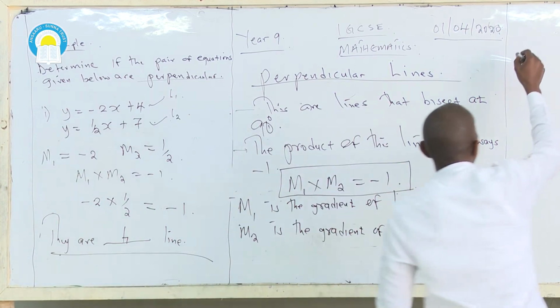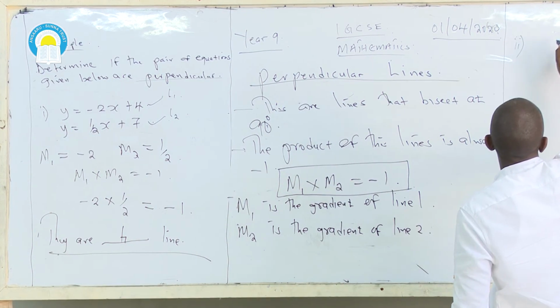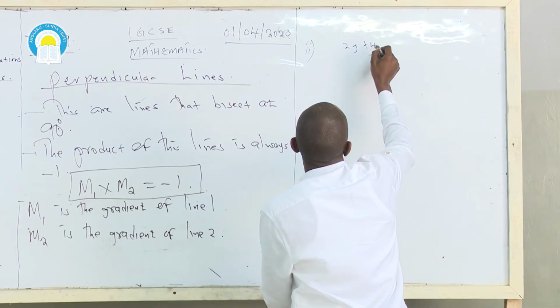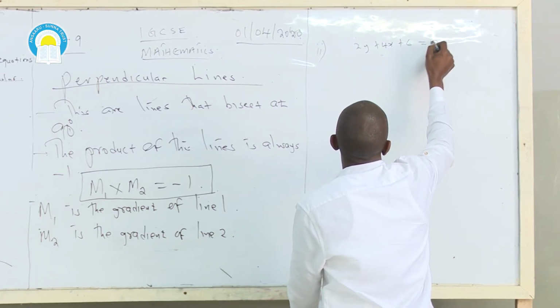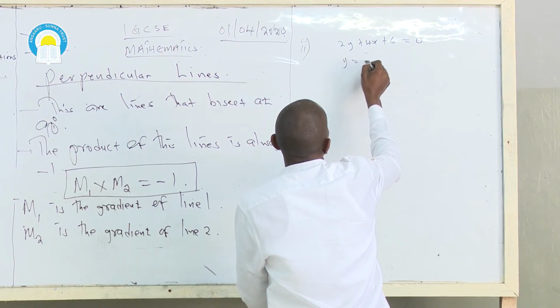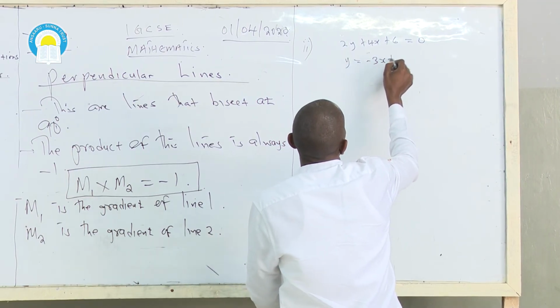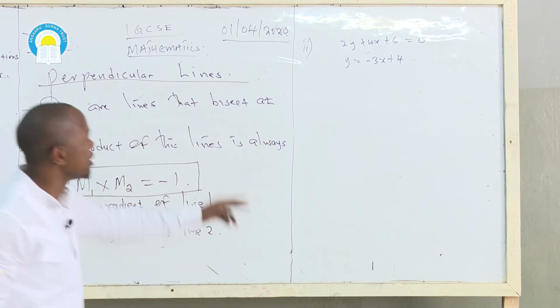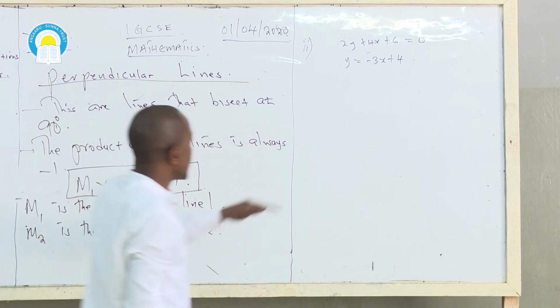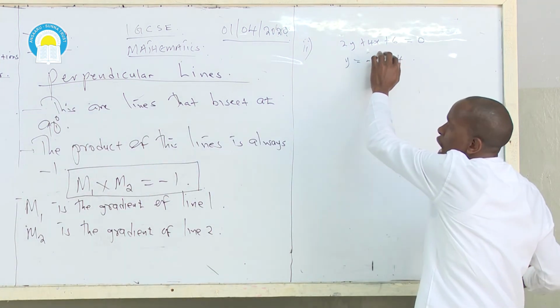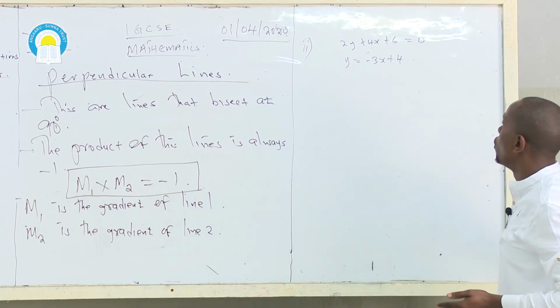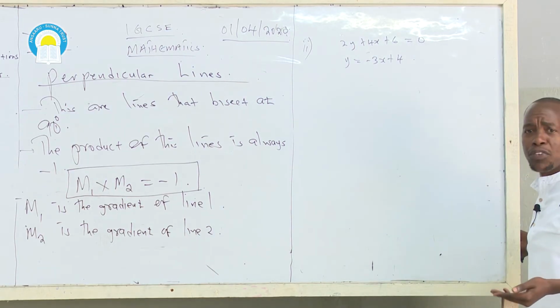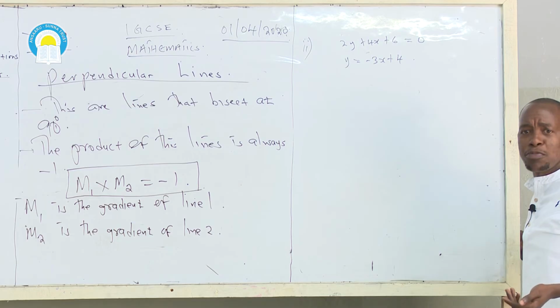Now, example 2, what if you are given 2y plus 4x plus 6 is equal to 0, and then you have y is equal to -3x plus 4? We had done this before. I remember using this as an example when I was teaching you how to write equations in the form of y is equal to mx plus c.